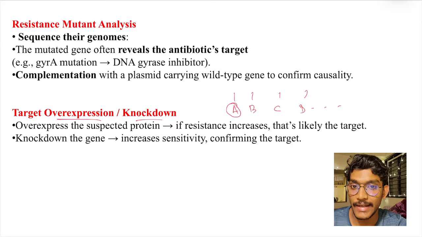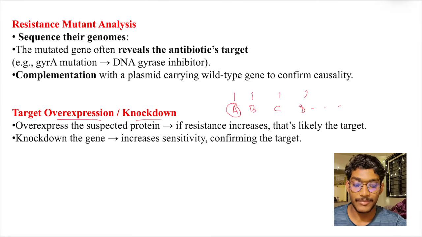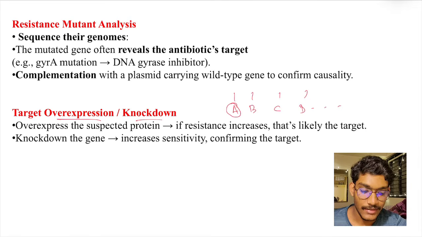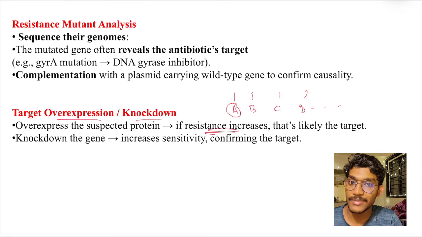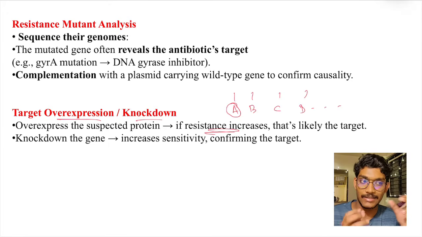If protein A is the target of the antibiotic, then after overexpressing protein A, the susceptible strain will be resistant to that particular antibiotic, because there will be more protein A, and to inhibit their growth we need to supply more antibiotic. Otherwise that same amount of antibiotic will be unable to inhibit the growth of the microorganism.